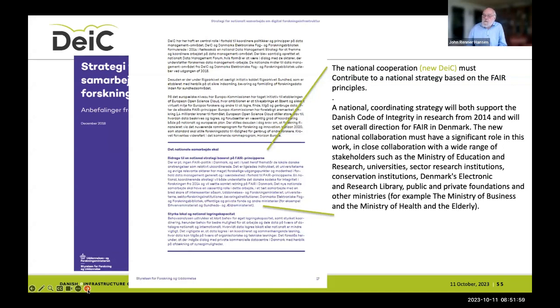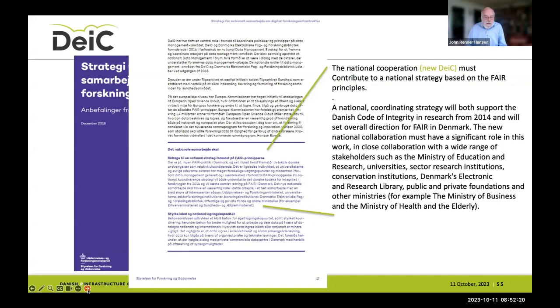We still have sector research institutions, conservation institutions, for instance museums, where there is research going on, and some libraries, public-private foundations, and other ministers. So it was a conglomerate of many stakeholders adding into this.